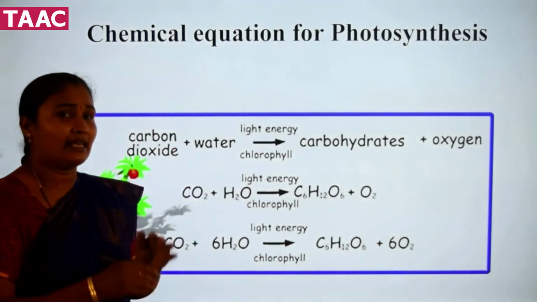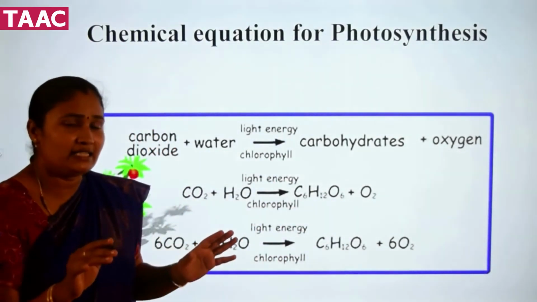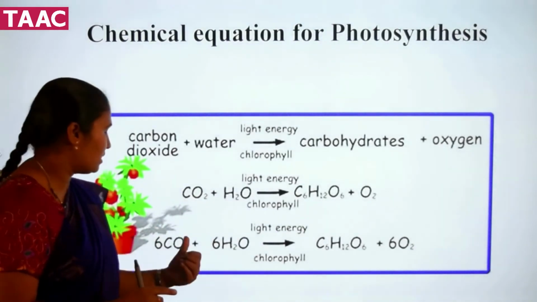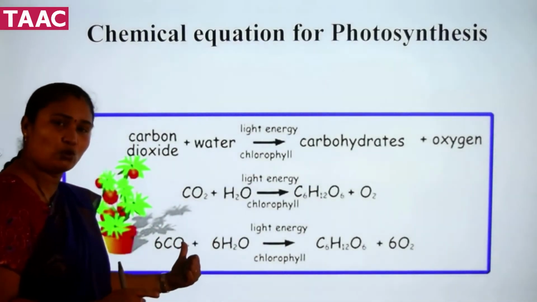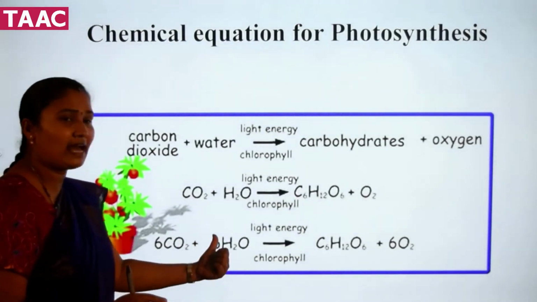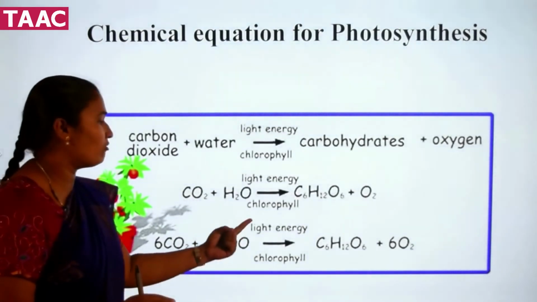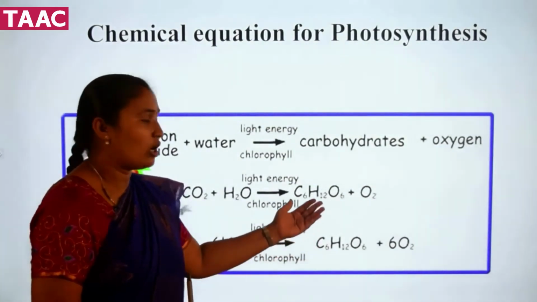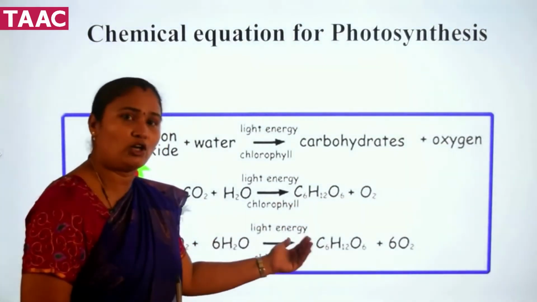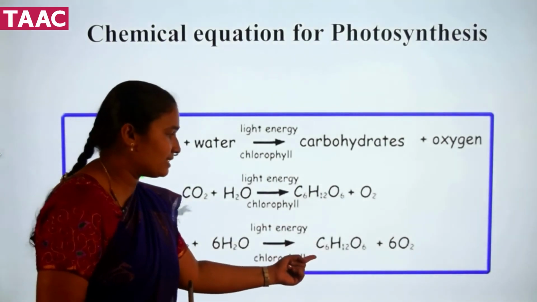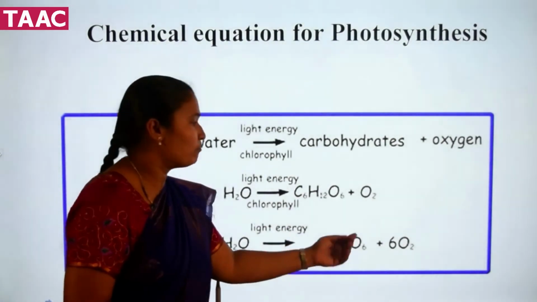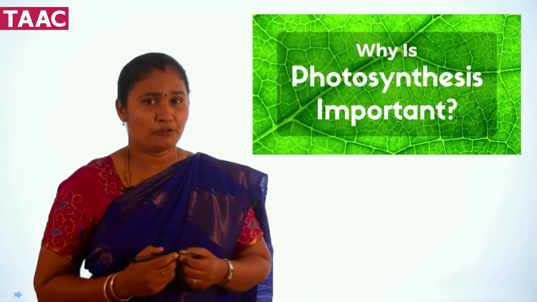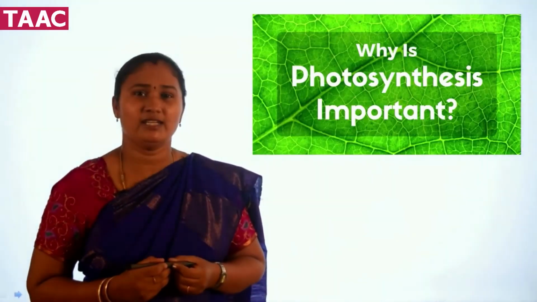The equation should always be balanced on both sides. So here is the balanced equation: 6CO2 plus 6H2O, in the presence of light energy and chlorophyll, produces a glucose molecule, that is C6H12O6, plus 6O2.